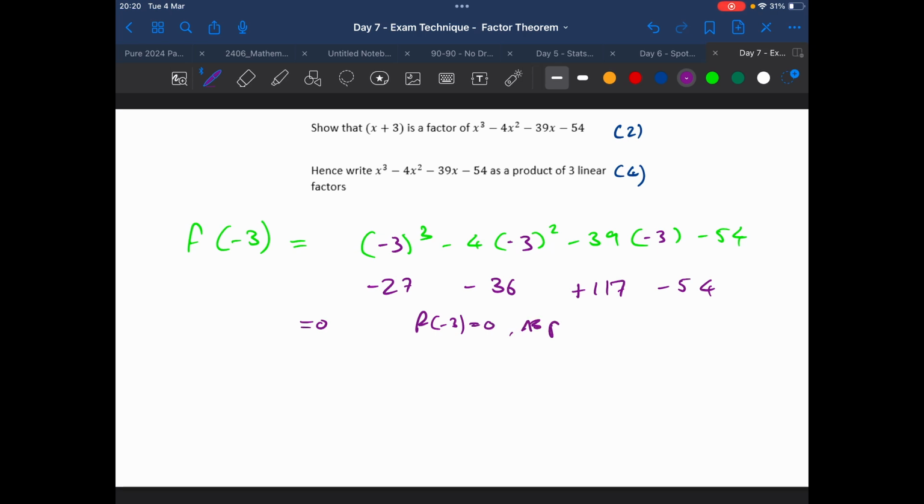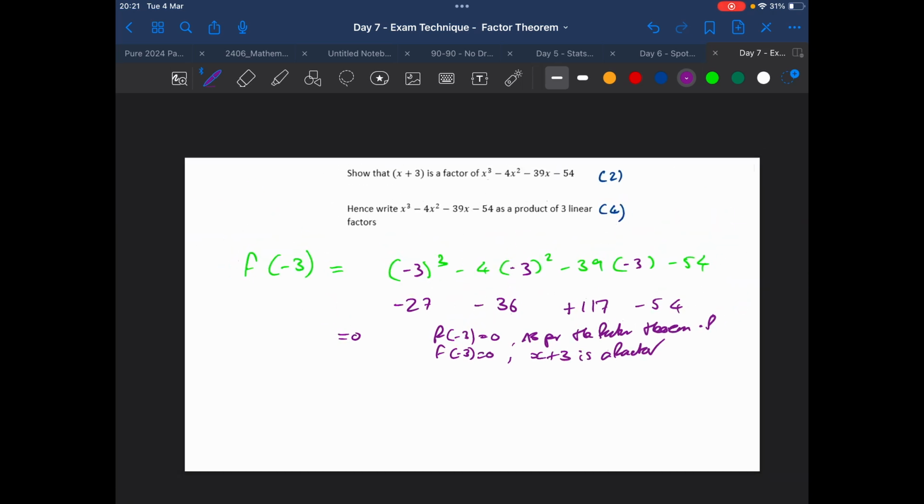As per the factor theorem, if f of minus 3 equals 0, x plus 3 is a factor. That's the first bit that we're going to do, the same like before.